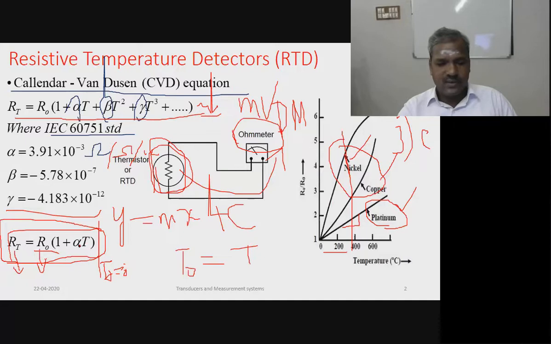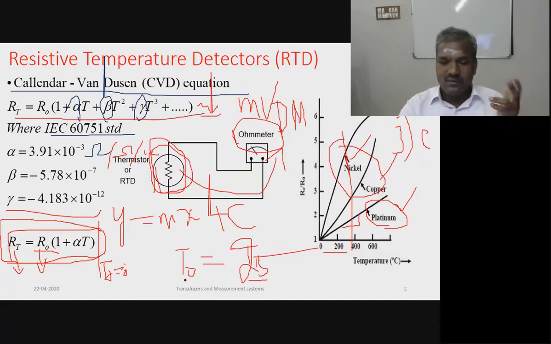Suppose we are taking T naught as room temperature, say T naught equal to 25 degrees Celsius or 30 degrees Celsius. In that case, what is R naught? R naught is different. Clear? So when T naught equals 25 degrees Celsius, R naught is different.